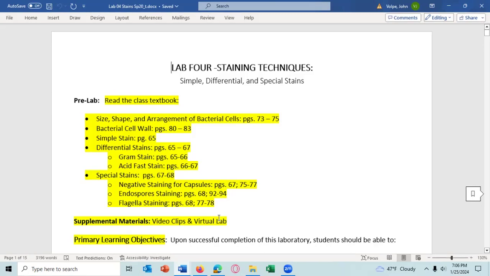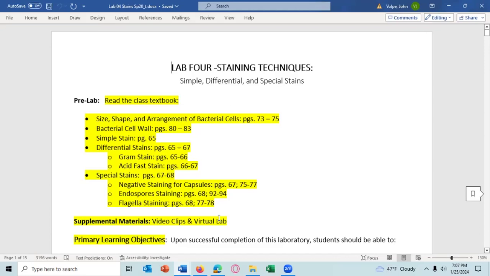We're going to talk about 3 different special stains. Special stains are stains used to stain special cell structures. We'll talk about the negative stain for staining capsules, also called the capsule stain.